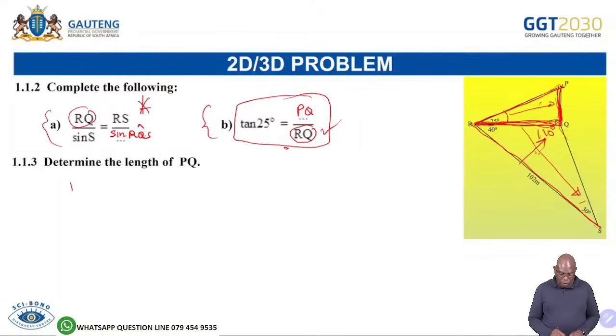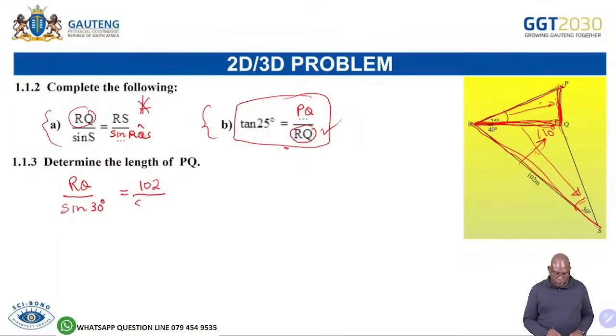So I can say RQ over sine of S. I know what is S, it's 30 degrees. And then RS, I know what is RS. RS is 102 over, what is sine of RQS? It's sine of 110. I already know that.